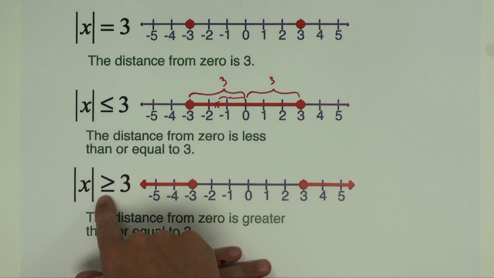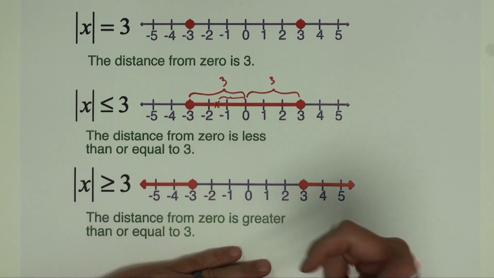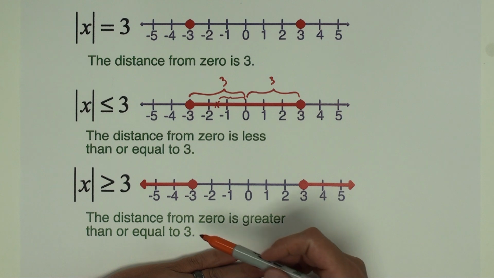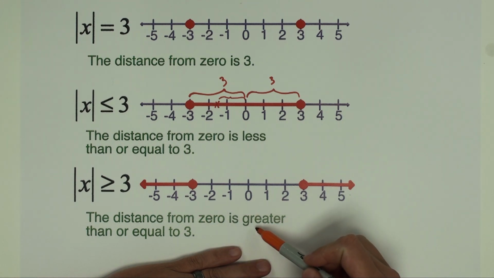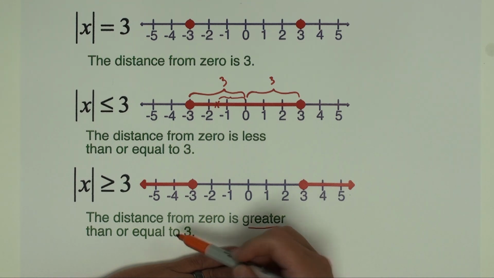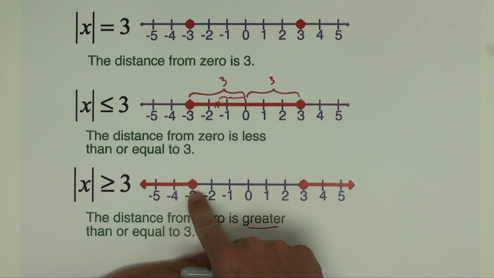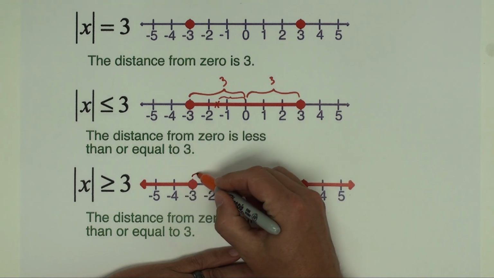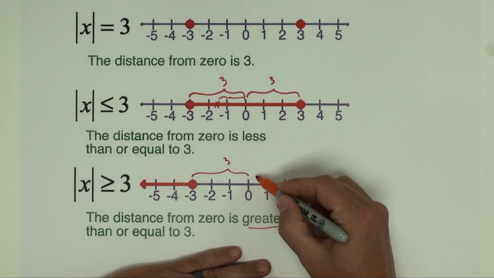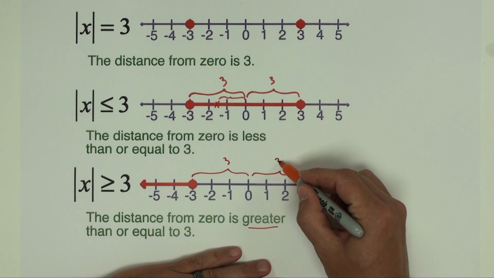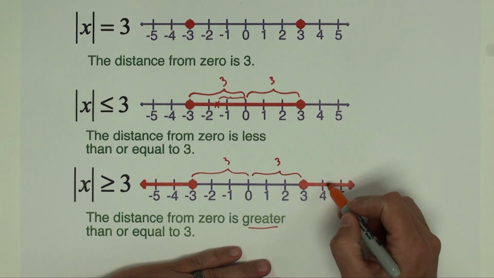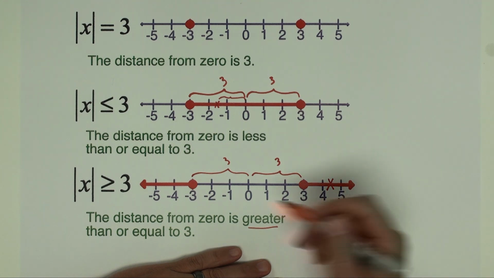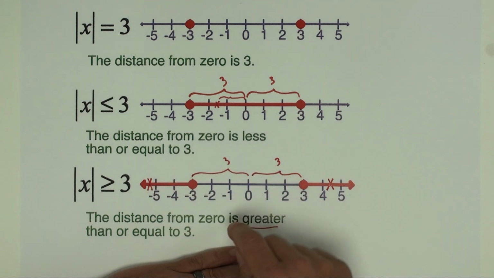Now, if I change my inequality to greater than or equal to, what we have is the meaning that says that the distance from 0 on the number line is greater than or equal to 3. And so here we've got still these points that are 3 units from 0 on the number line, but we also want to include values like this number out here that are greater than 3 units from 0 on the number line.